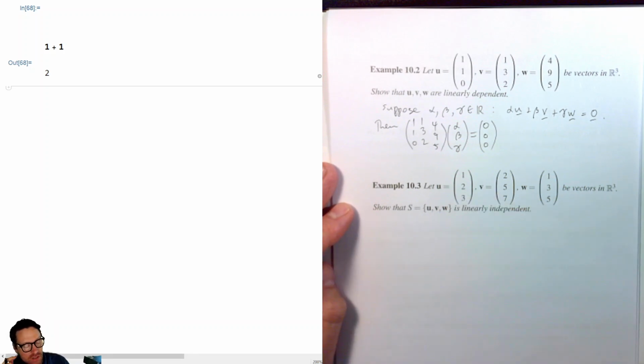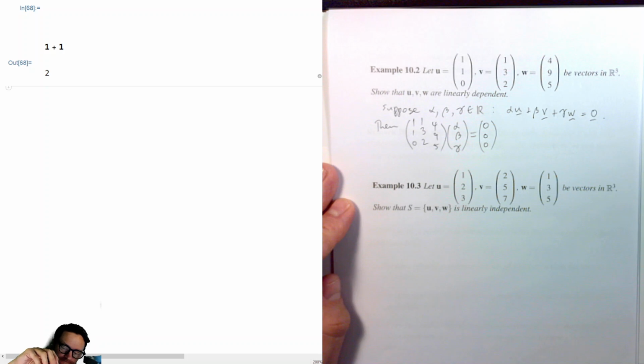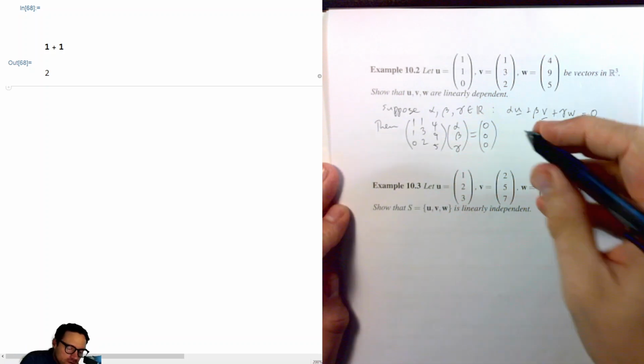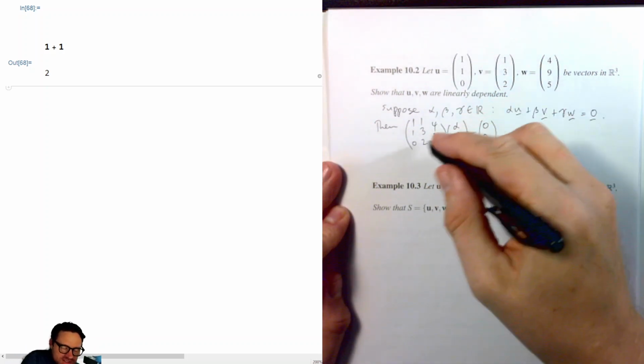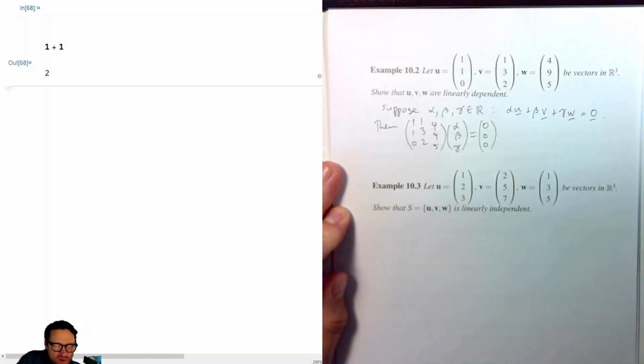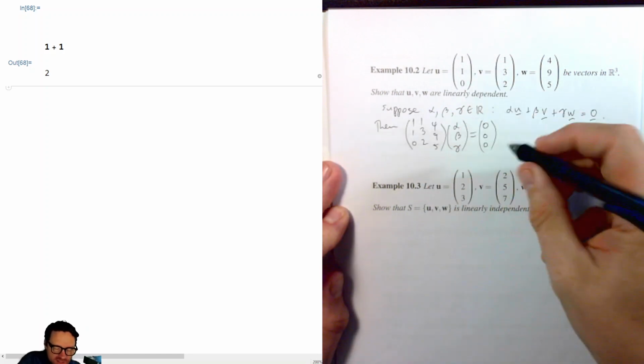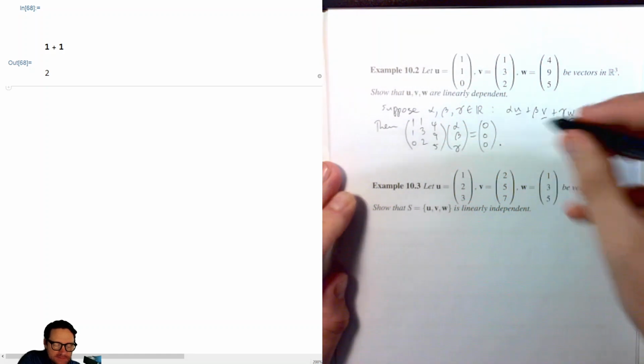Are we forced to have all zeros, or can the alpha, beta, gamma be not all 0? Okay, so let's take a determinant of this matrix. We can do row reduction, or we can just take a determinant of this matrix.